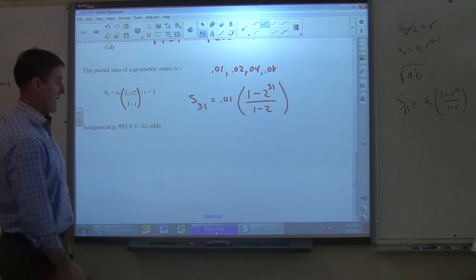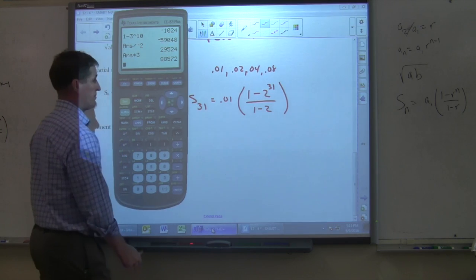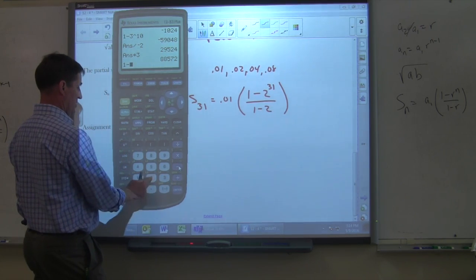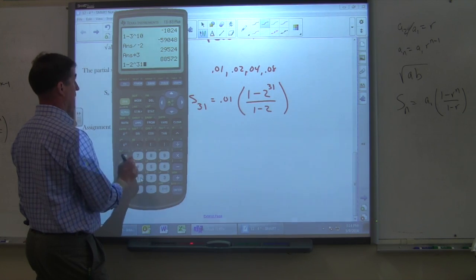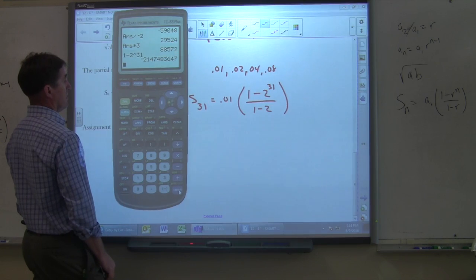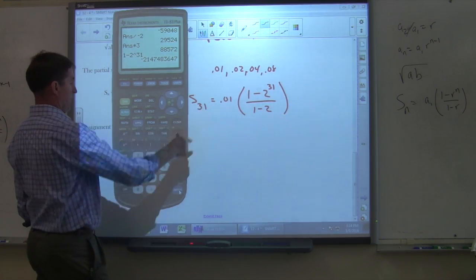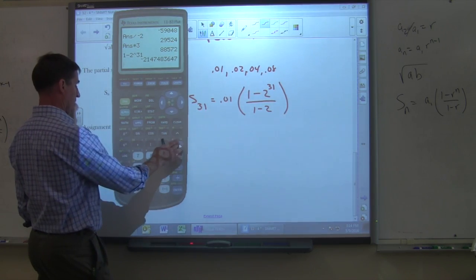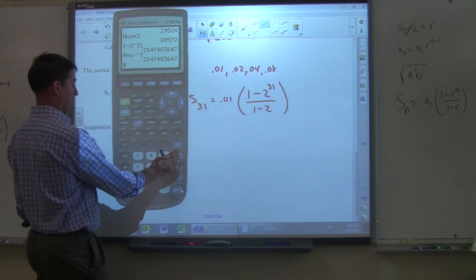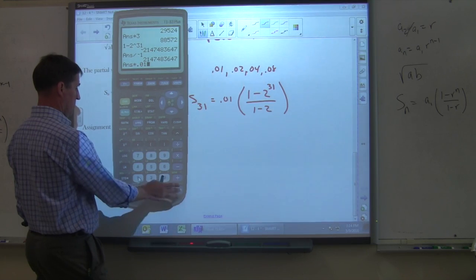Okay? So now if we go to the calculator on that, that would be 1 minus 2 to the 31st power. So we get that divided by 1 minus 2, which would be a negative 1, divided by negative 1, and then times that by 0.01.